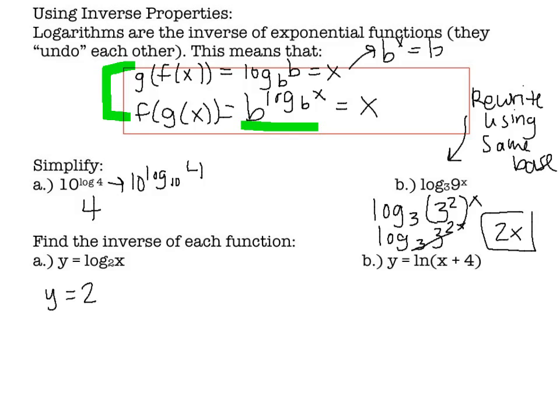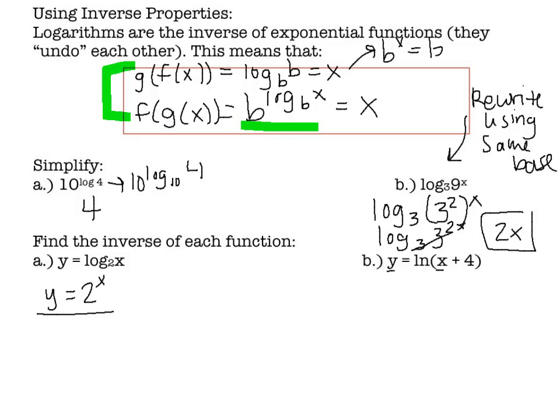The second one is a little bit less straightforward. Think back to when we were talking about quadratic equations, and we were looking for the inverse of a quadratic graph, or any graph really. And if you remember, what we did was we switched x and y.